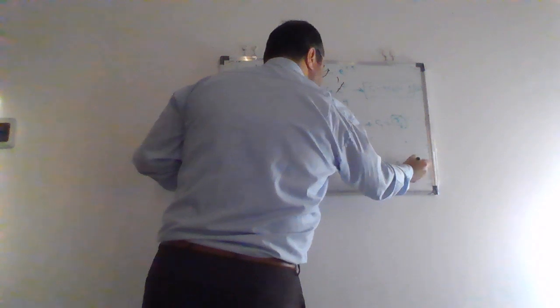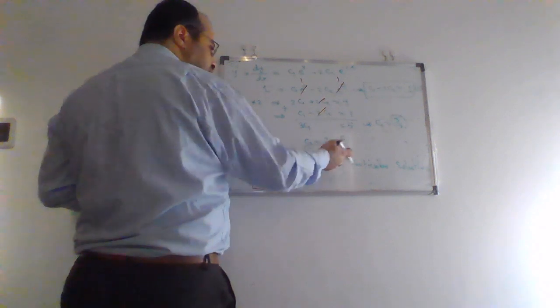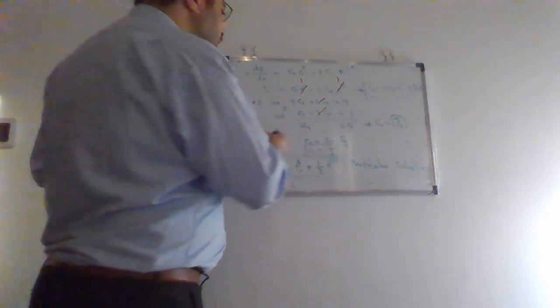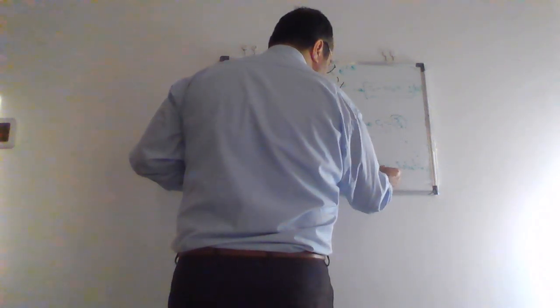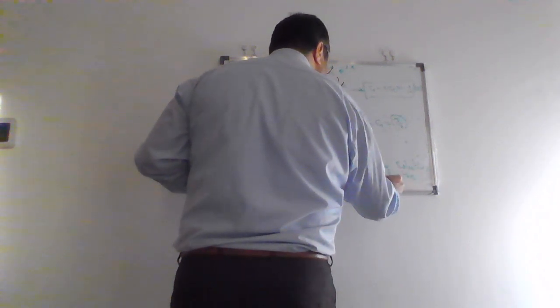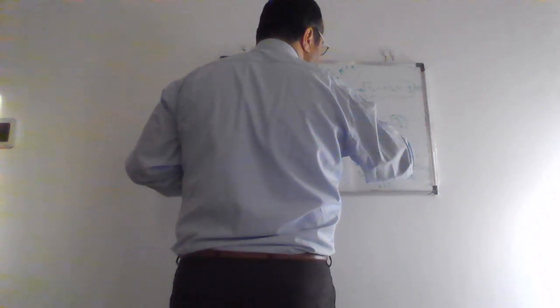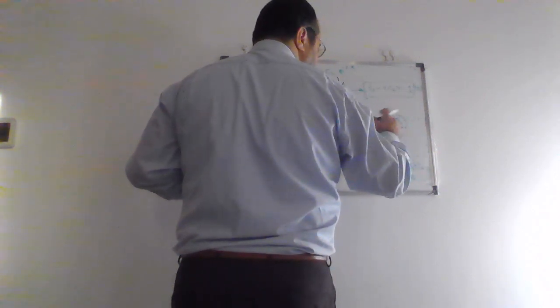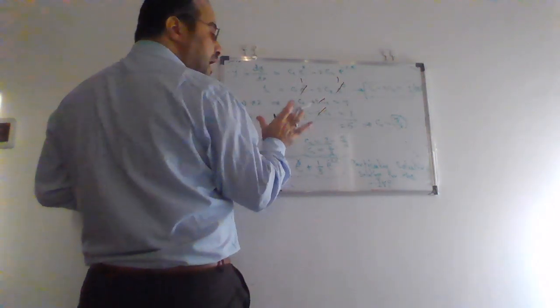If you have C1 and C2, then you call it the general solution. If you don't have constants, then you call it the particular solution. Or this solution is called the solution for the initial value problem. What is the initial value problem? The differential equation in the question plus the initial conditions, the value of y at 0 and the value of the derivative at 0, together with the differential equation, they have this solution. But the differential equation alone has the solution with C1 and C2.